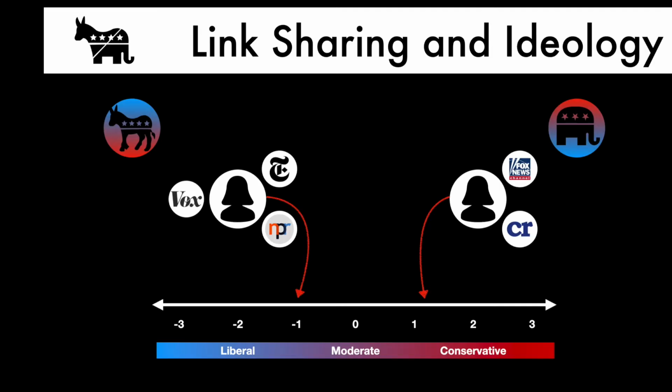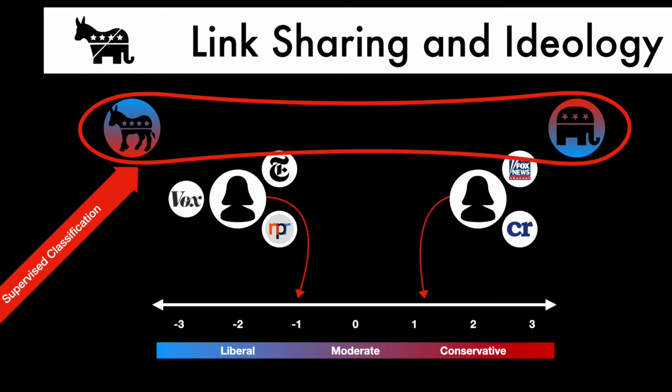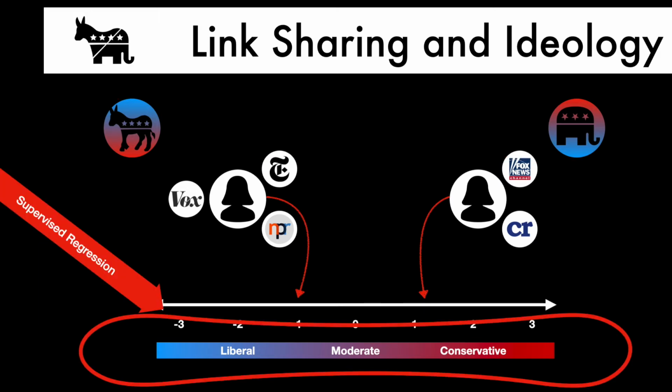In the examples we talked about before, if we are looking at the news sources that people share, we can be trying to classify them into a political party, either Democrat or Republican, and that's a classification task. In contrast, we could also be doing regression, where we're trying to score an individual in some linear space based on how conservative or liberal they are, where that number is some actual numeric value.